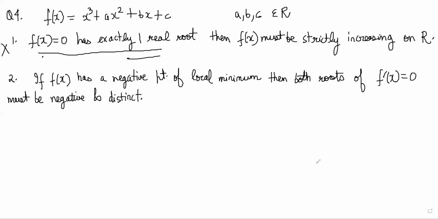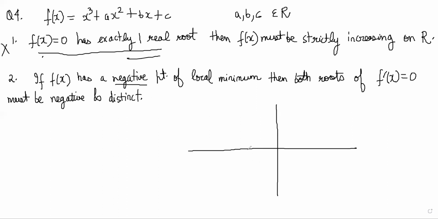It means the local minimum is negative, like below the x-axis. No, negative point, it is at a negative value of x. It is not saying f(x) has a local minimum which is negative. It is saying f(x) has a negative point of local minimum. The point of local minimum is negative.